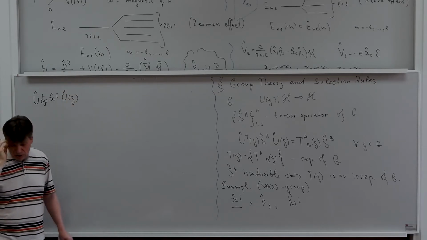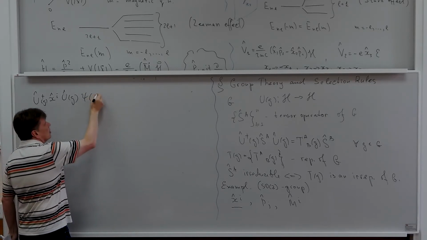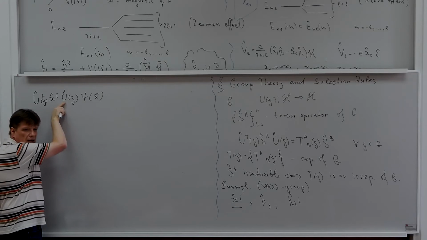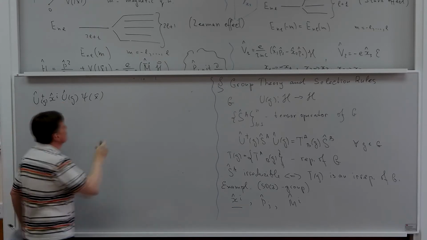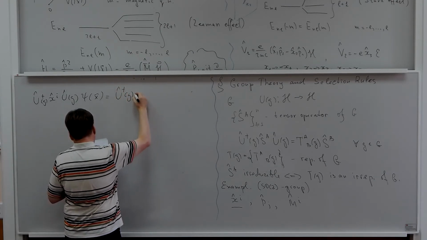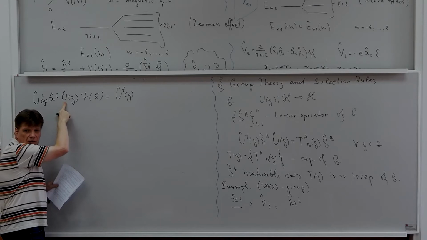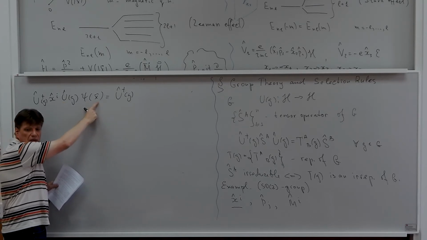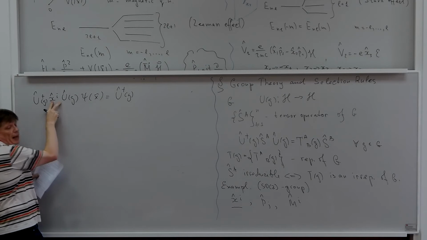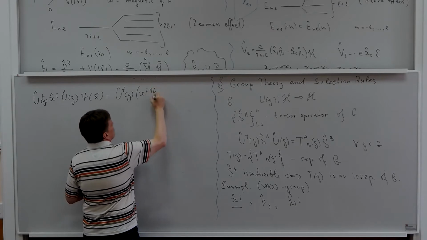And to make this computation, it is convenient to apply this operator to some test wave function psi of x, because we know how these operators U act in the coordinate representation. So we have U dagger of g.